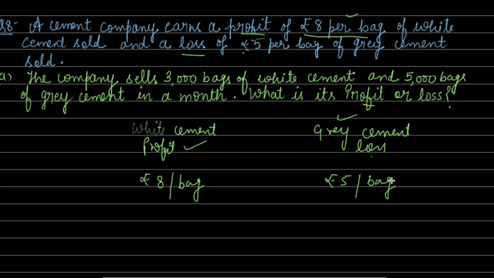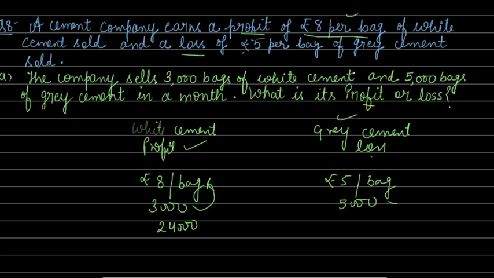Now the question is, the company sells 3000 bags of white cement. So the company is selling 3000, this much, and 5000 bags of grey cement. You have to calculate whether it is a profit or a loss. So if you see, the total profit will be how much? This into this, because the count has to be multiplied with the profit of one bag. So roughly it will come out 24,000.